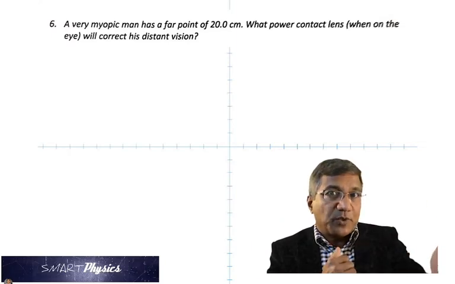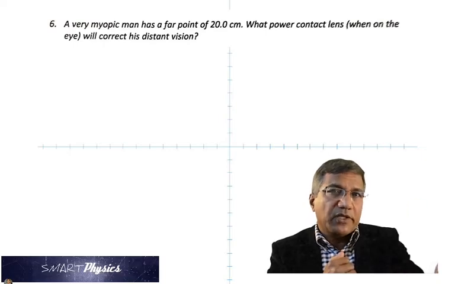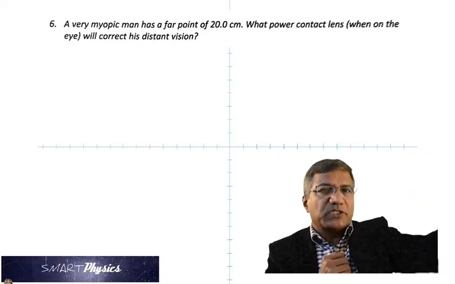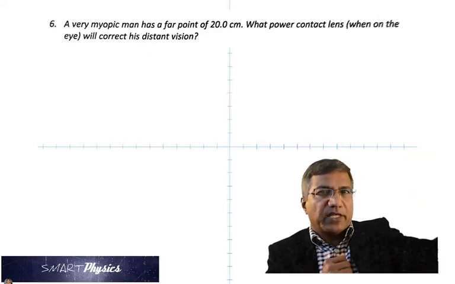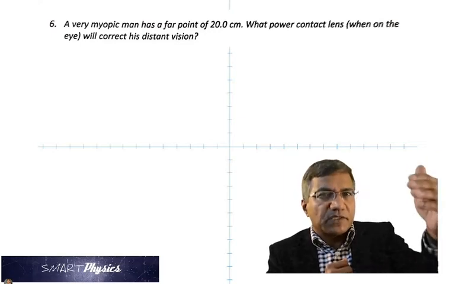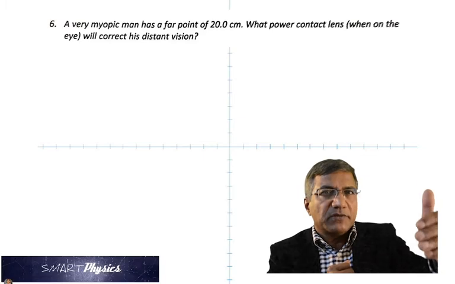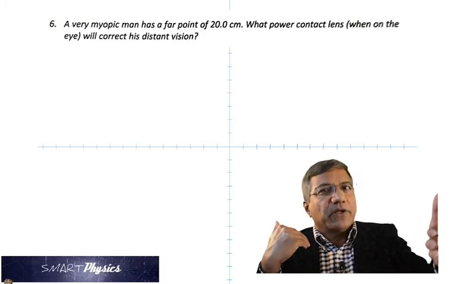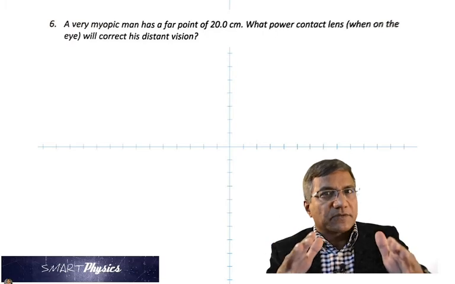Because his far point is 20, he can see anything clearly up to 20, correct? So what the contact lens does is, an object which is at infinite distance away, very far away, that contact lens, if it produces an image at 20 centimeter, then the person's eye lens can take it from there. I hope that makes sense.